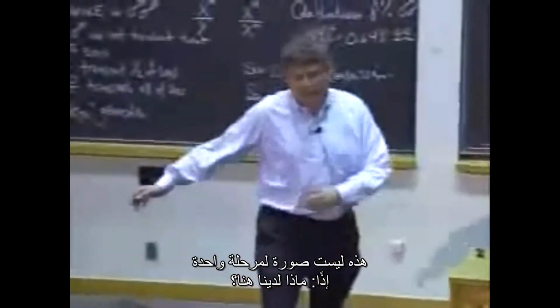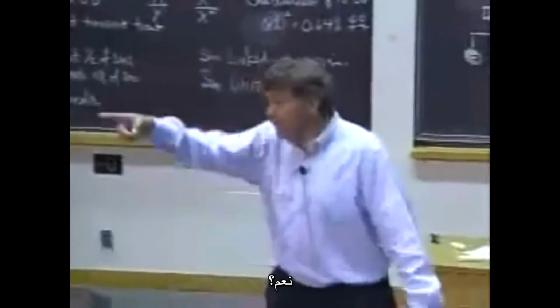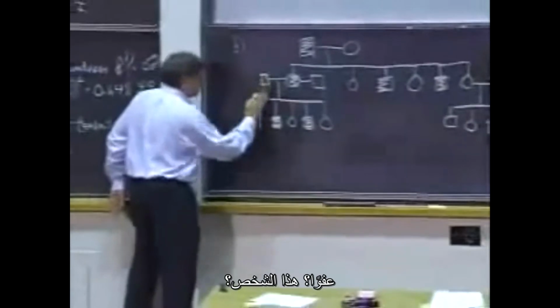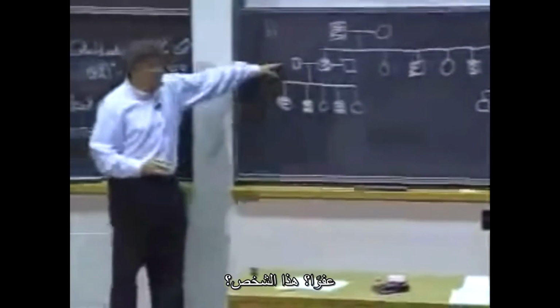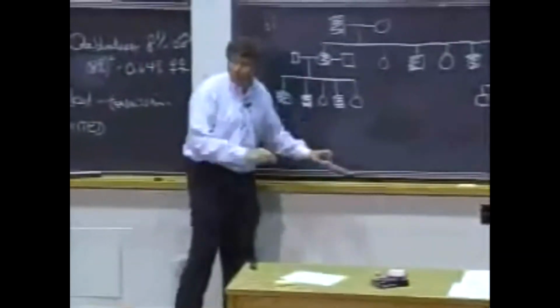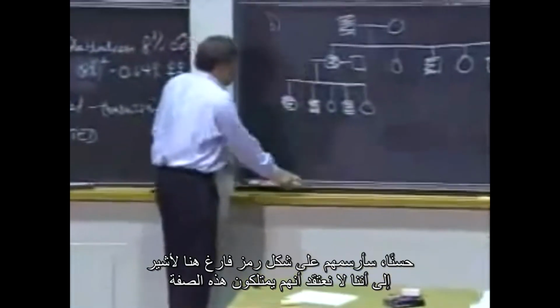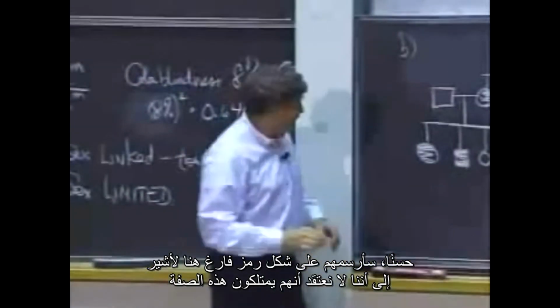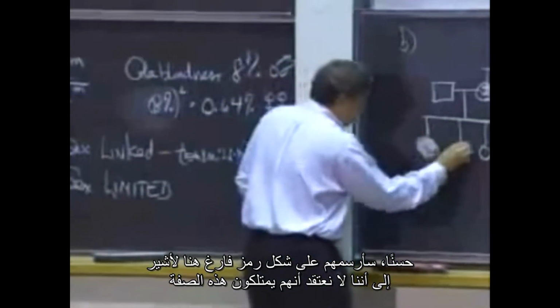So what do we got here? Well, I'm drawing them as an empty circle, empty symbol here, indicating that we do not think they have the trait.